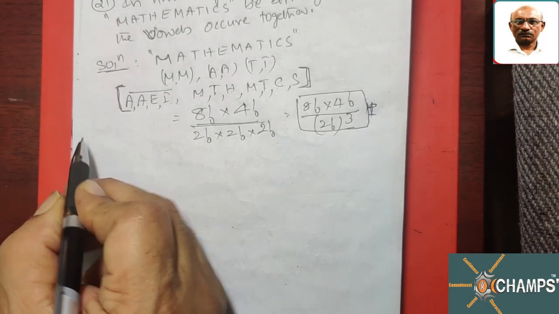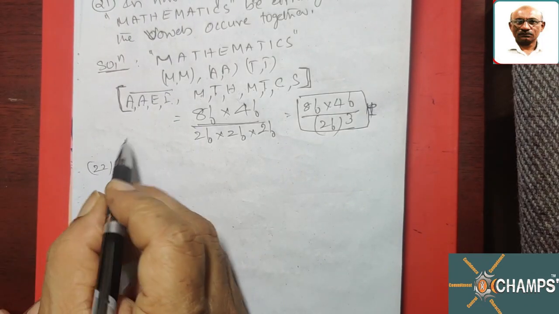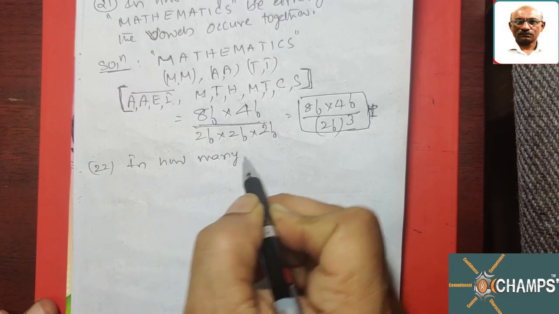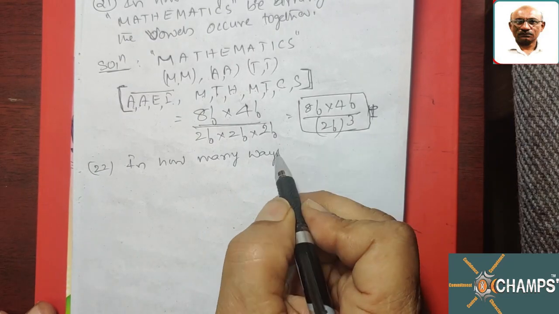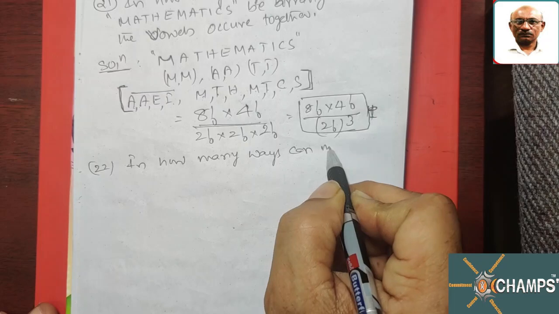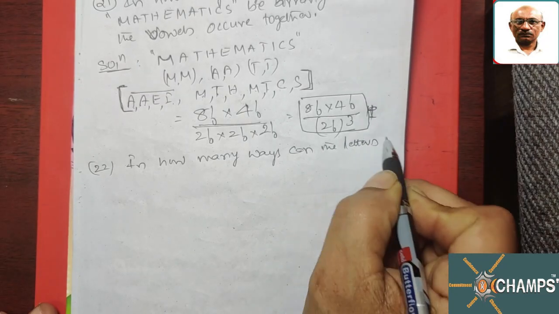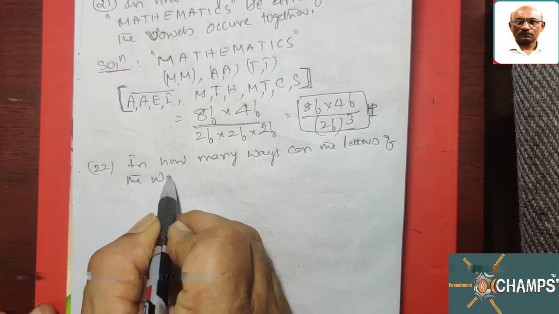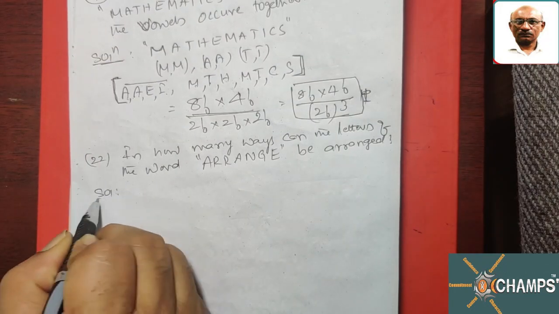Now look at question number 22. In how many ways can the letters of the word be arranged?